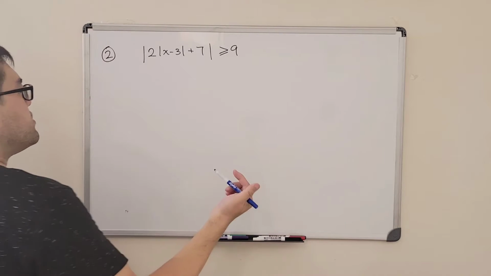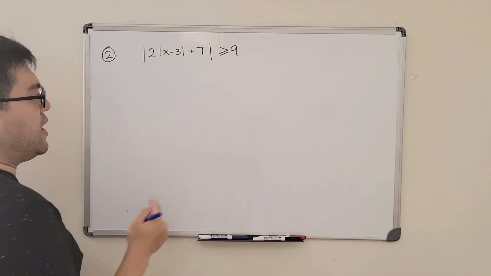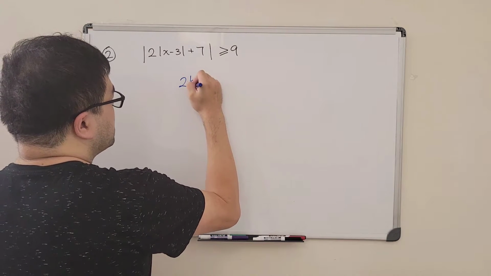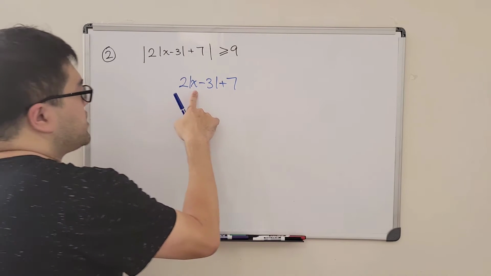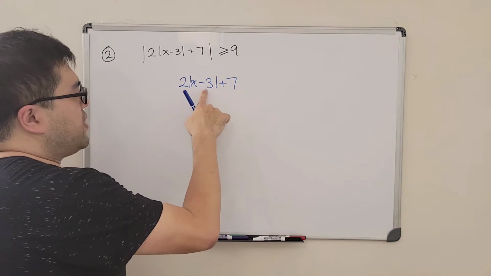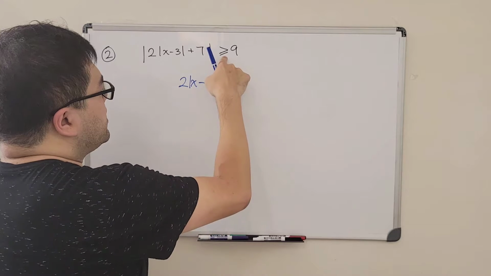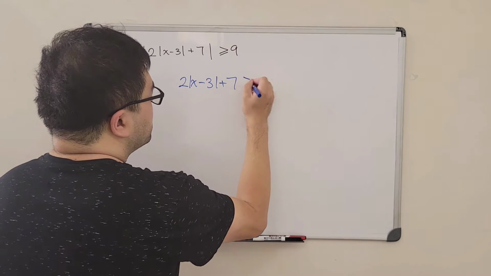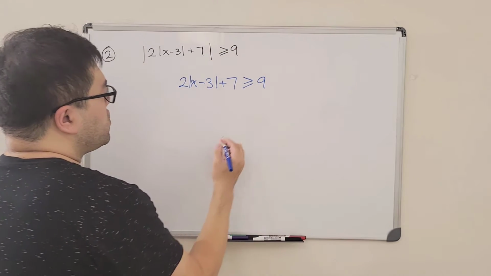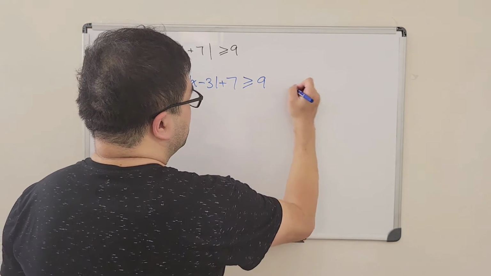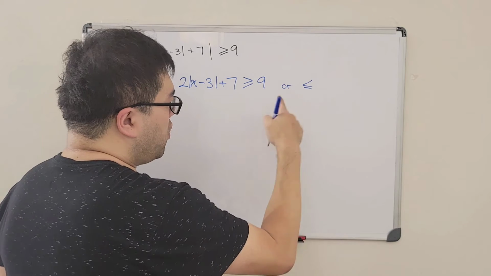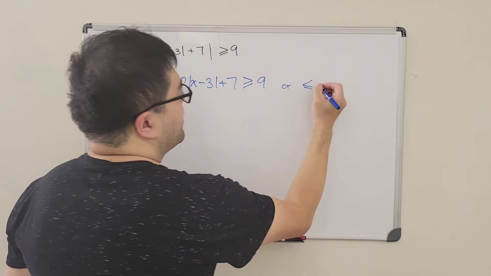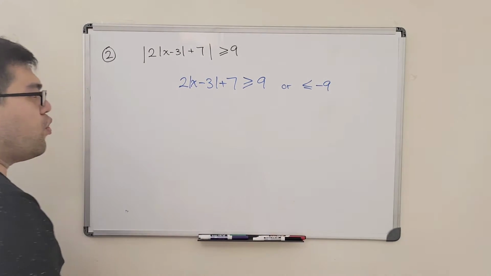So, using the definition, if we take away the absolute value and leave everything inside, we get 2 times the absolute value of x minus 3 plus 7 is either still greater than or equal to 9, or less than or equal to negative 9. Again, why?